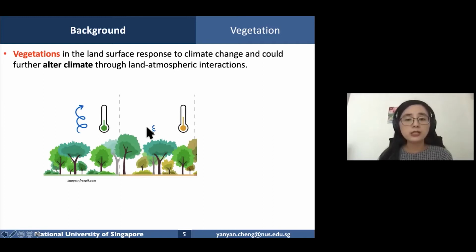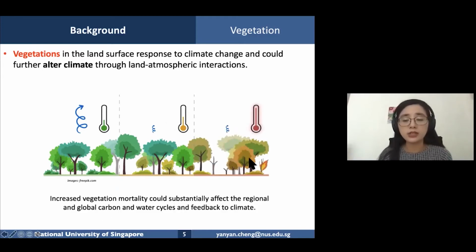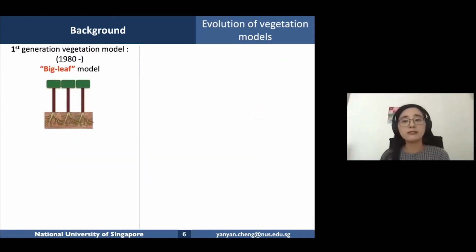So the evapotranspiration will decrease and the temperature will increase. And later, when the maturity of the vegetation increases more significantly, it will affect the carbon cycle and the water cycle and even the climate more dramatically. This is why vegetation got so much attention in the development.